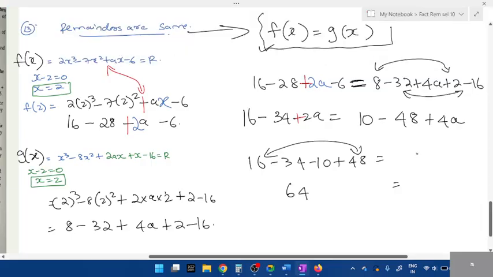Yes, just try this part. So 4a minus 2a is 2a. Complete this. Sorry, my mistake. Other things are correct.